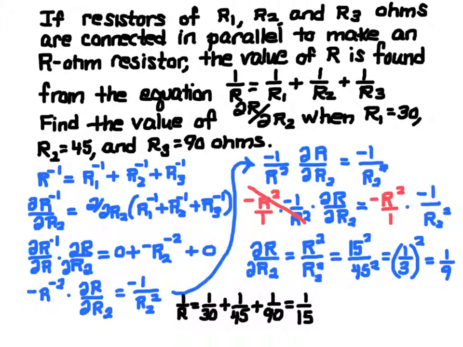And there is our final answer, that 1/9 is the partial derivative of r with respect to r2. And that is a very small change in the resistance. R2 leads to a change in R of 1/9. So the partial derivative of r with respect to r sub 2 is 1/9.